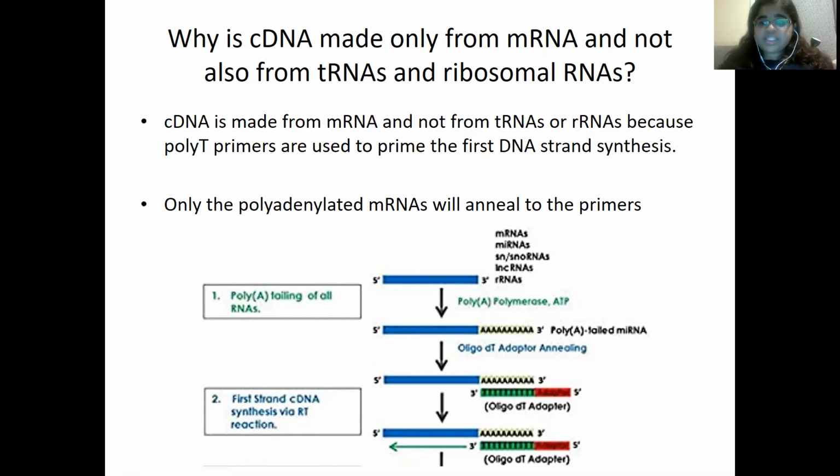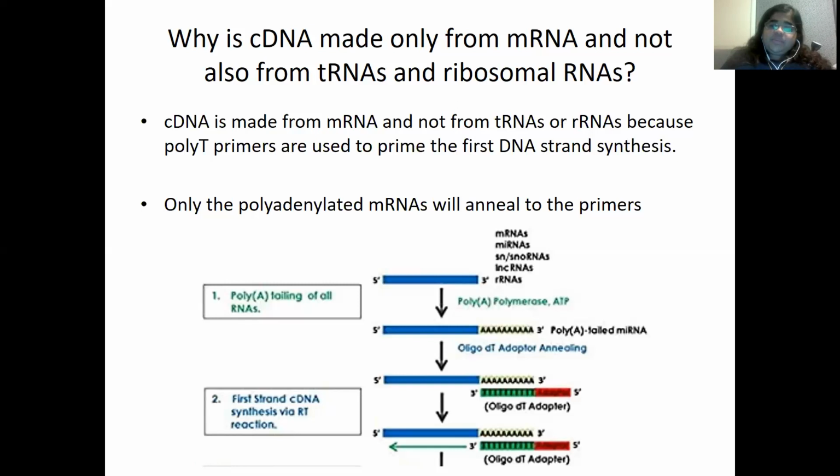So typically the only ones that have a poly A tail are mRNA strands, okay? So that is why a cDNA is made from mRNA, because the polyadenylated mRNAs will be the only ones that actually bind to the poly T primers that are used in this process.